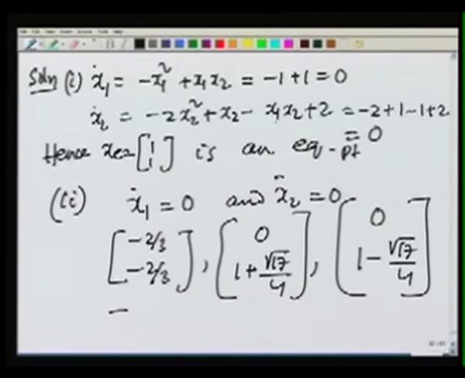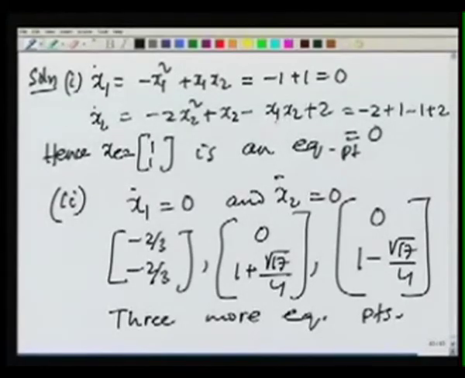So there are 3 more equilibrium points. You can verify this by putting x 1 dot equal to 0, x 2 dot equal to 0, and you will find this solution.